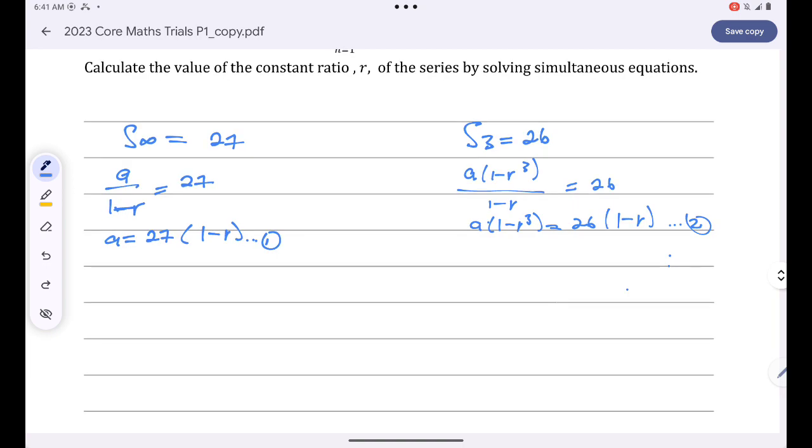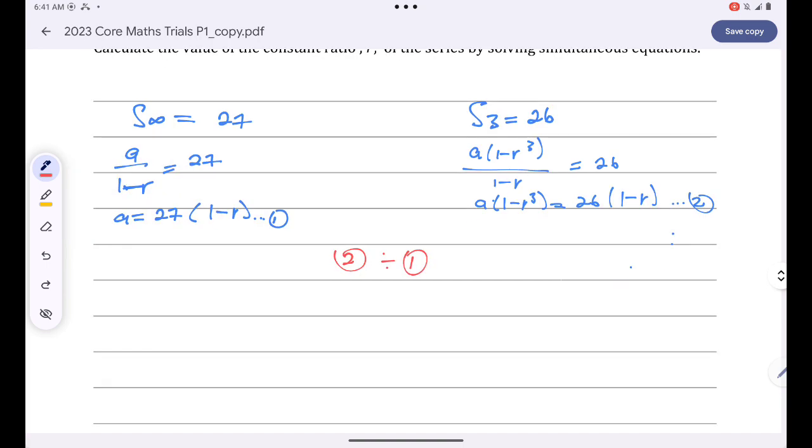For me to find the value of r, I can simply say equation 2 divided by equation 1. You'll end up having a multiplied by 1 minus r to the power 3 all over, on the left hand side of equation 1, I only have a, right?